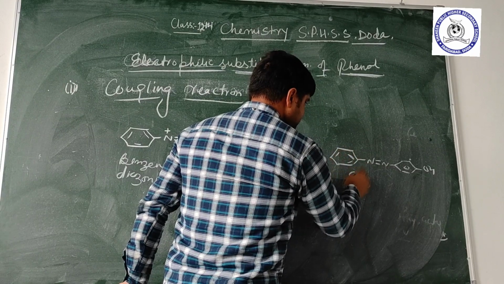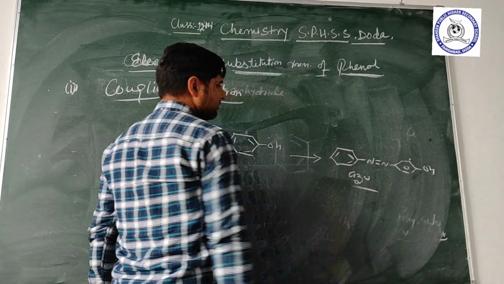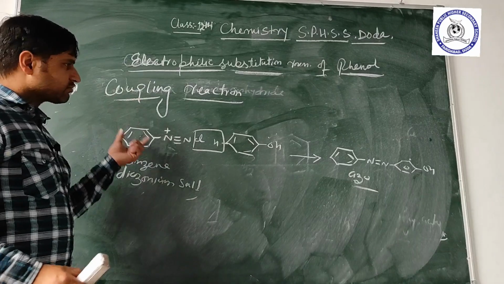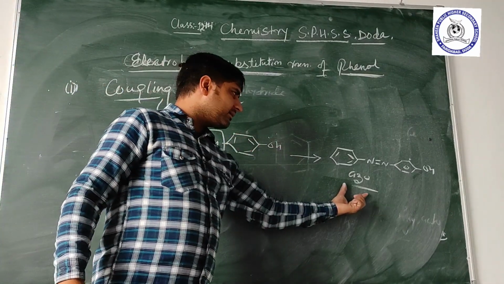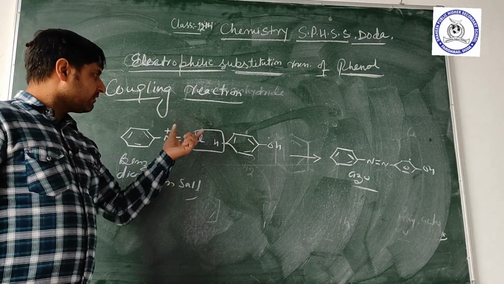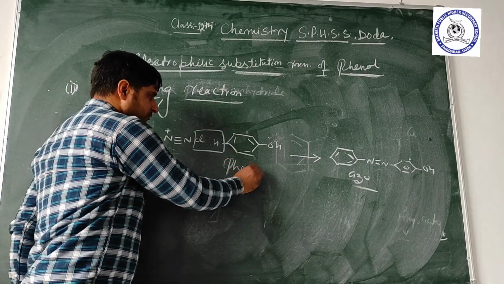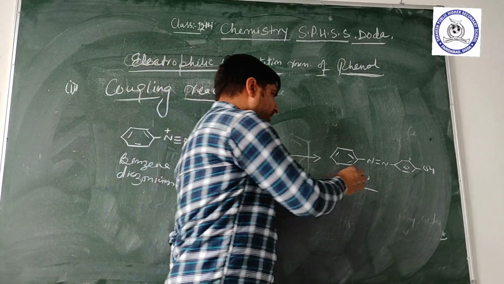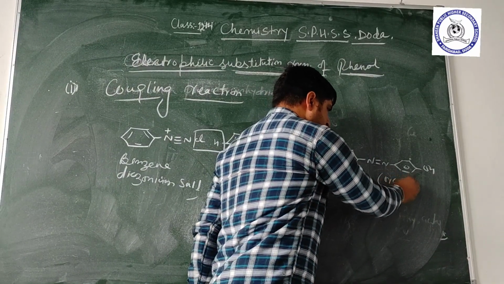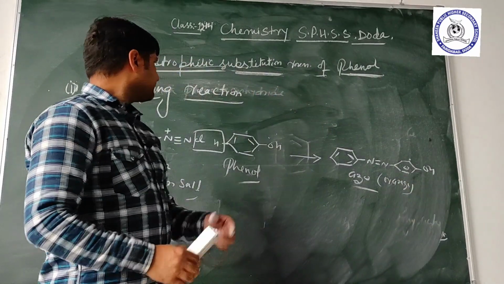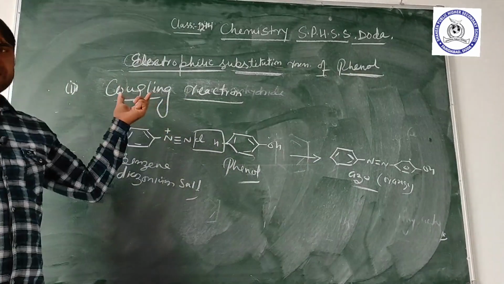This is azo dye. The reaction is commonly called coupling reaction. Means in this reaction, phenol treated with benzene diazonium salt to form an orange colored azo dye. The reaction is called coupling reaction.